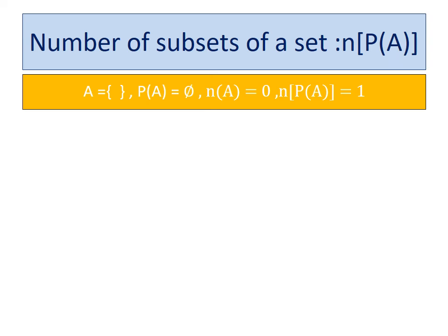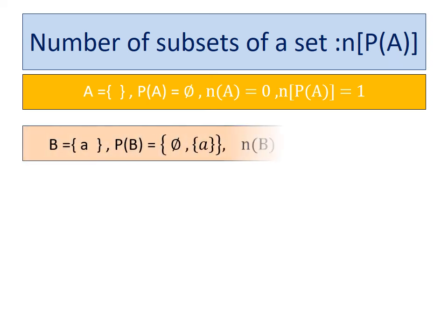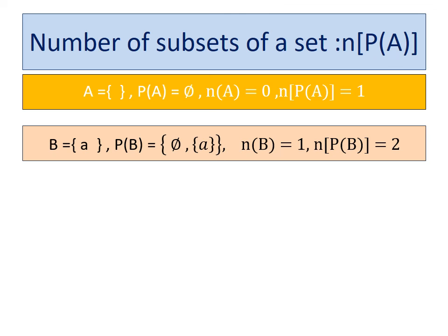Now let us increase by one element. That means B is a set which has only element a. So power set of B will be phi and {a} itself. So please note the number of elements in set B is 1, whereas the number of elements in power set B is equal to 2.